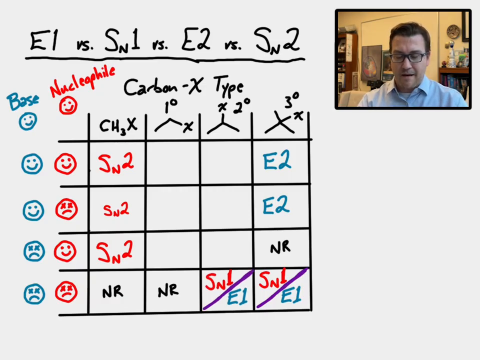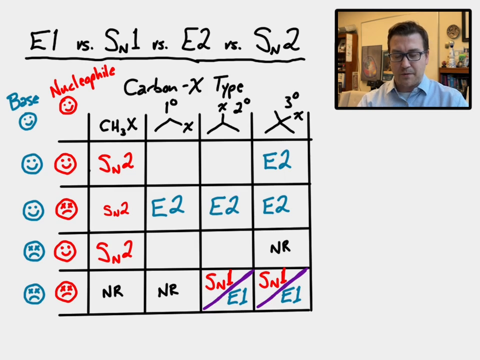If you have now a primary carbon under these conditions that are going to generate carbocations, you're likely not going to have a reaction occur because primary carbocations are really unstable. Once you get to the secondary carbocation formation, and for reasons that you can look at in the carbocation stability video, you see that you can form the carbocation, and again, SN1 or E1 processes can occur.